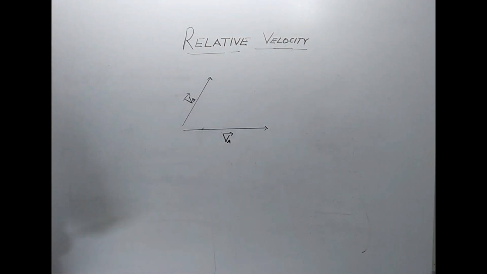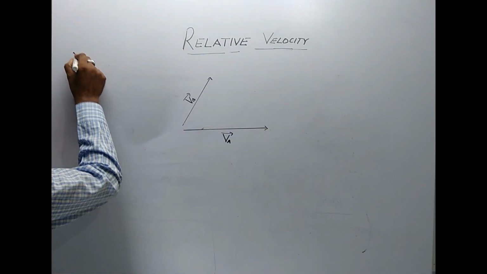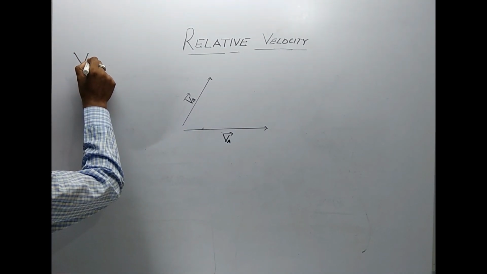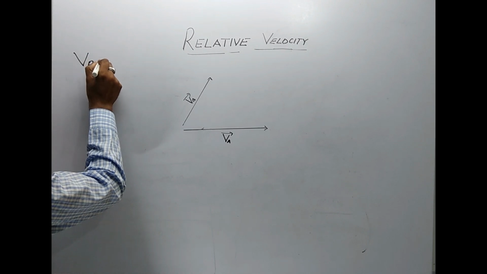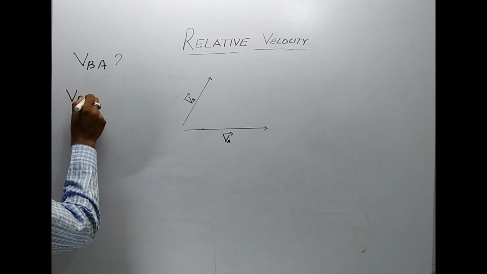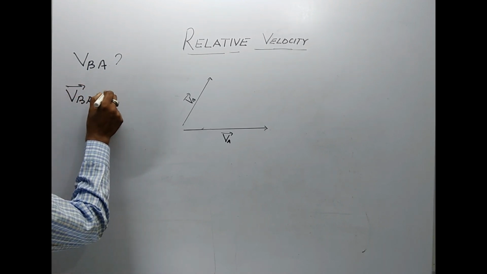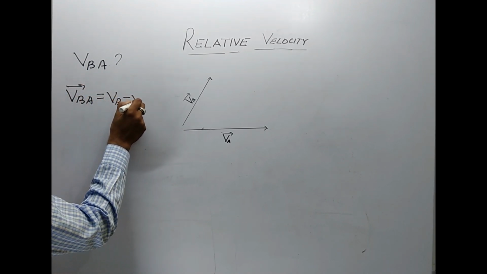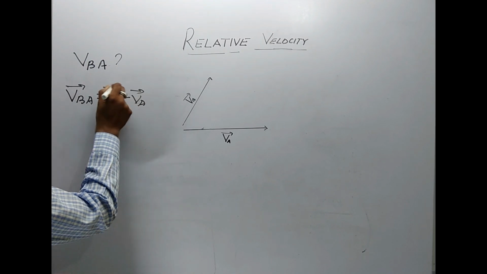Now we are going to discuss velocity of B with respect to A. Velocity of B with respect to A equals VB minus VA, all in vector form.